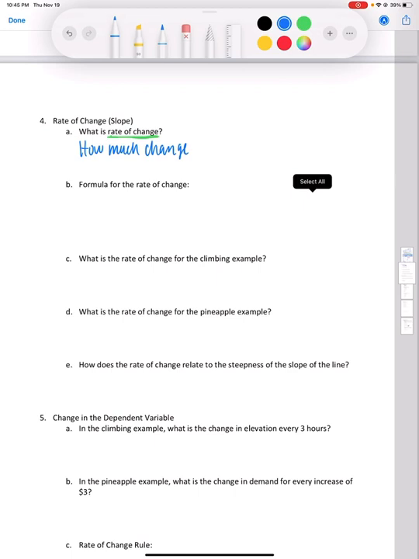Let's take a look at how much change is in the dependent variable, which is based on a change in the independent variable.